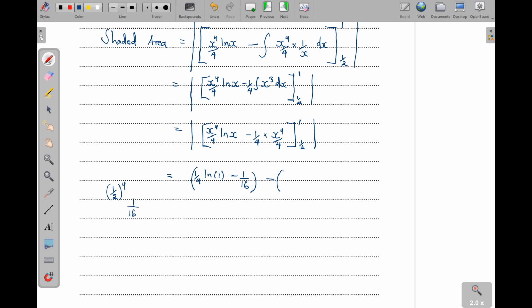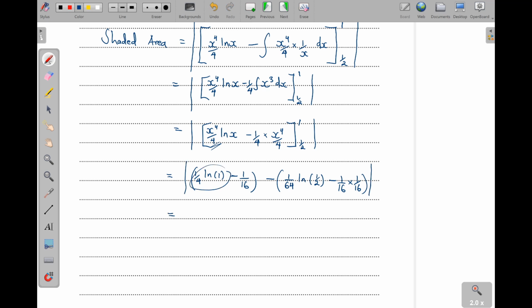Then there is a 4 here, so divide by 4, that will be times 1 over 4, so that will be 1 over 64. So I'll have here 1 over 64 times the natural log of 1 over 2, then minus 1 over 16 times 1 over 16, since these are a half to the power 4. Then we put the modulus signs.